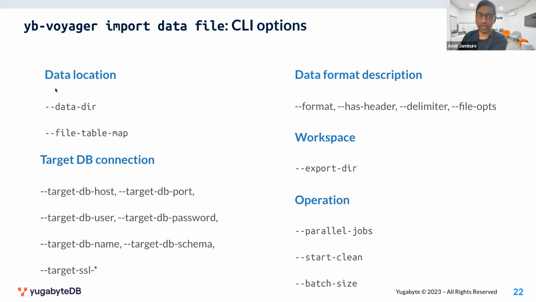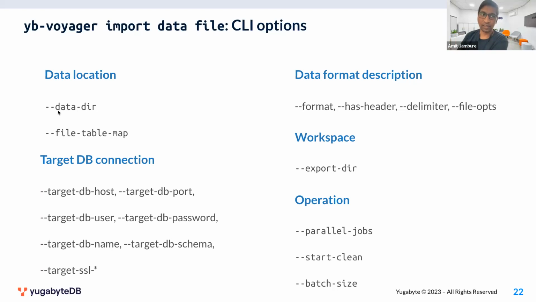Then you need to tell where your files are. The simplest case would have been to take the full file path and the table name, and import the data from this file to this table. But we also wanted to support a case where you want to import multiple data files in a single command execution.